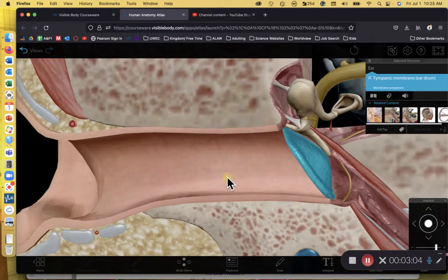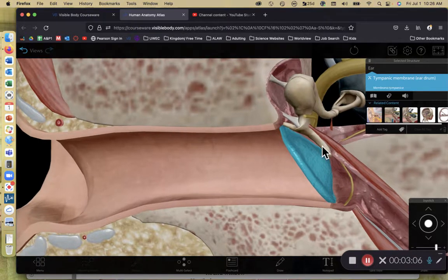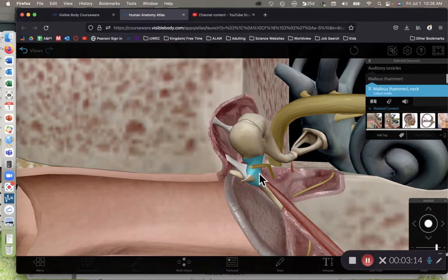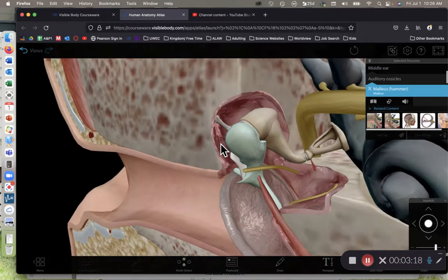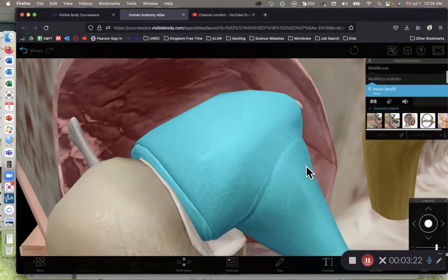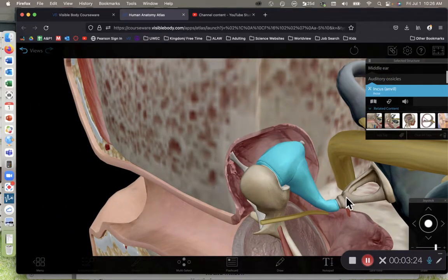Connected to the tympanic membrane, we'll have the auditory ossicles, or ear bones of the middle ear. So now we're looking at the middle ear. And the first bone is the malleus. We'll go ahead and highlight the entire malleus right there for us. The next bone is the incus, and the final bone is the stapes.